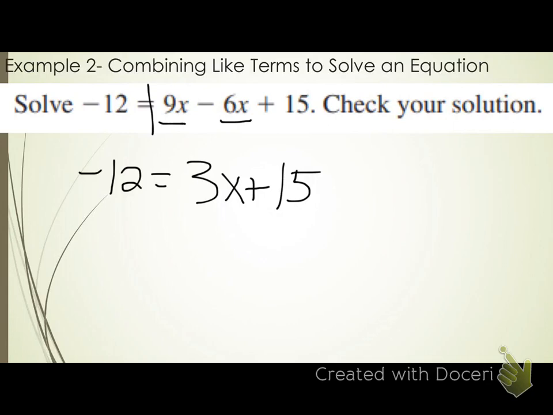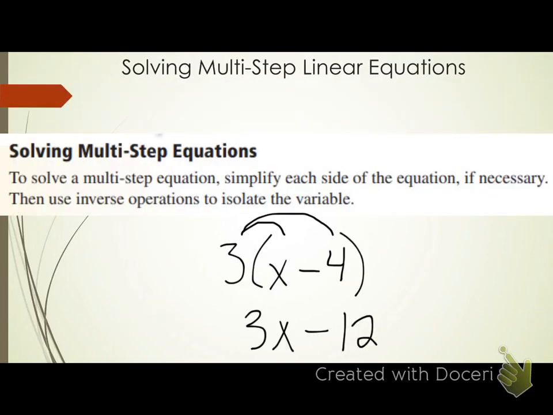Can I do anything else to simplify either side of the equation right now? Can I combine any more like terms? Do I have any distributive property? Anything like that? No. So now I'm going to start using my inverse operations to isolate the variable.